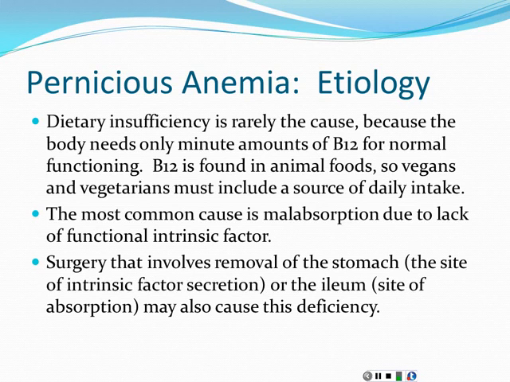So a stomach problem will cause that, or a terminal ileum problem will cause that. Let's say you had Crohn's disease and you had the last part of your ileum removed as part of treatment. You also will have no B12 because you have intrinsic factor, but it can't get absorbed. It's only absorbed in that one place in the terminal ileum. So intrinsic factor, B12, stomach, and terminal ileum all go together under B12 deficiency.